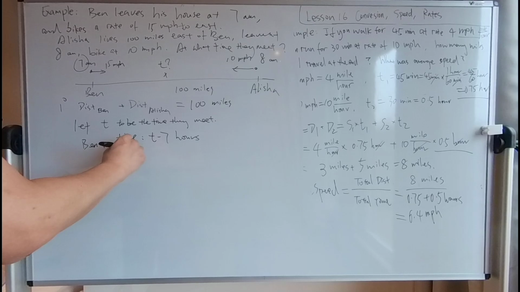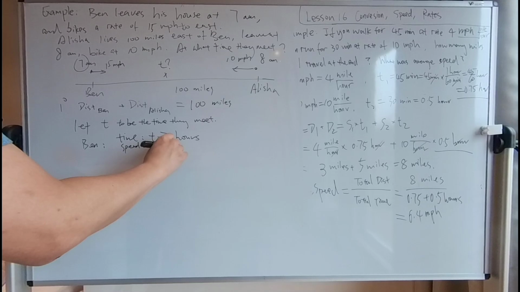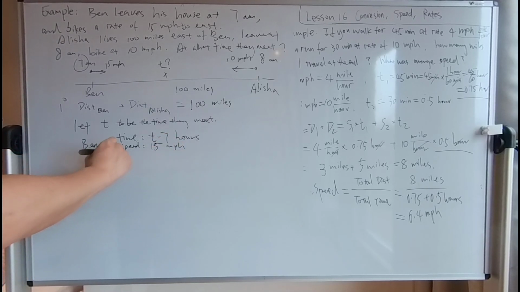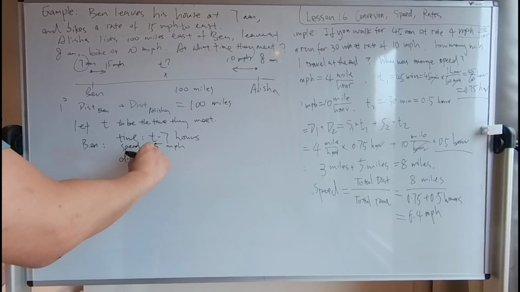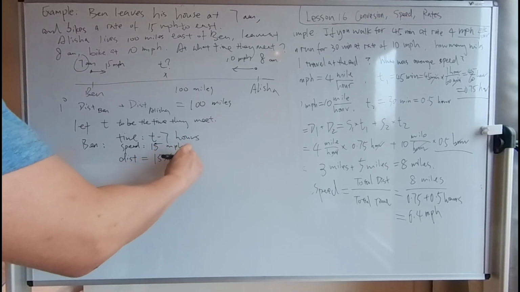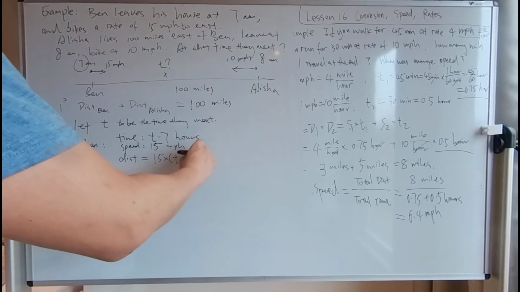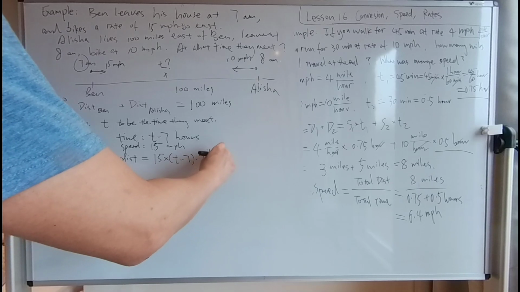And Ben's speed is 15. And Ben's distance of travel is then speed multiplying time, 15 multiplying t minus 7, miles per hour multiplied by hours.